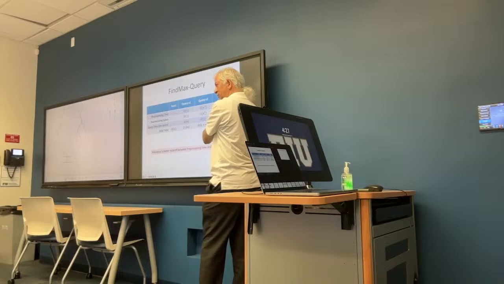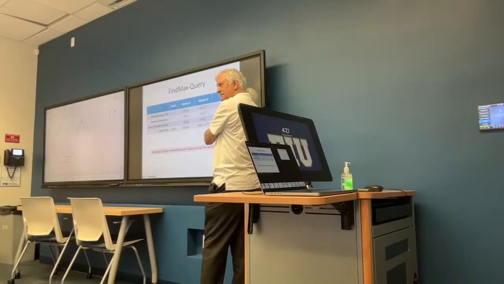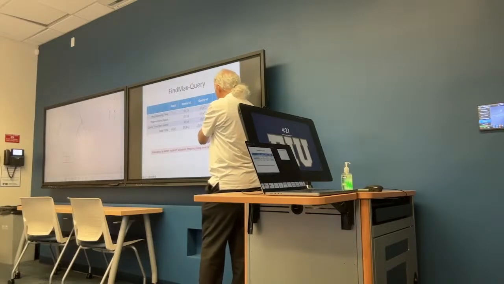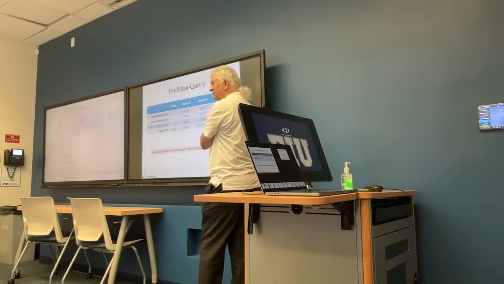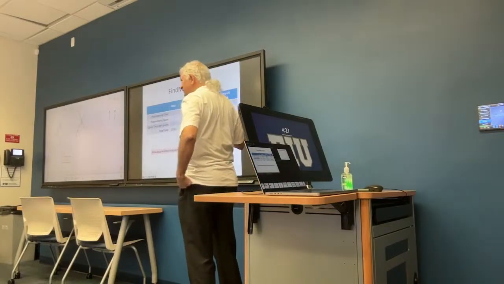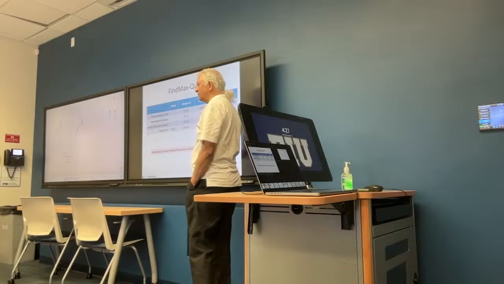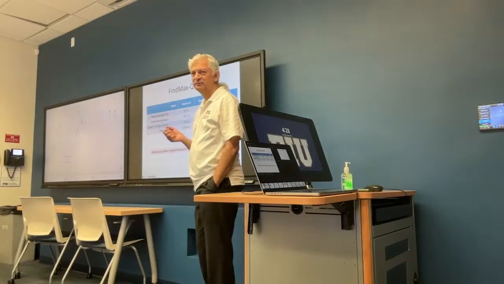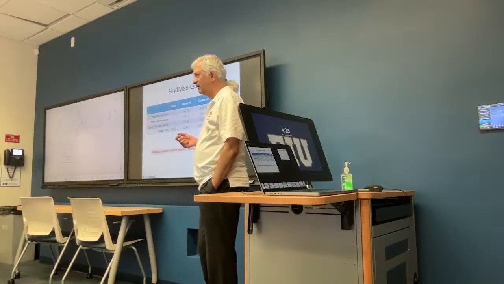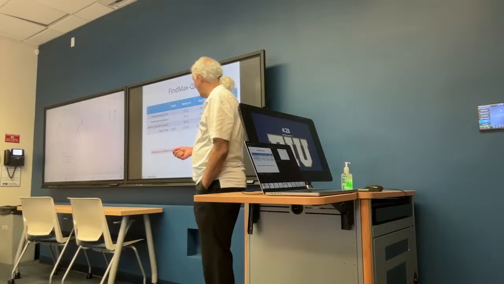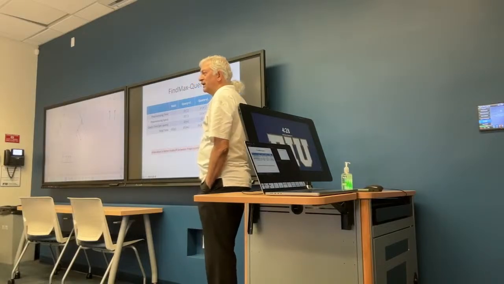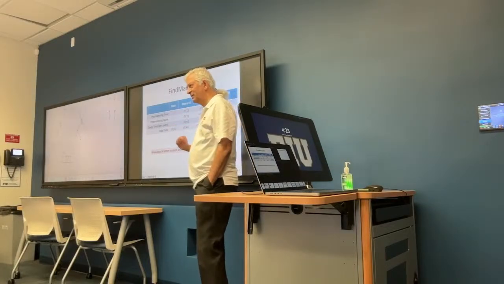This one is somewhere in between. And then when you look at the total cost, what you'll see is that it may be better than both of these depending on how big K is. If K is very, very large, most likely this will be better than both of these.